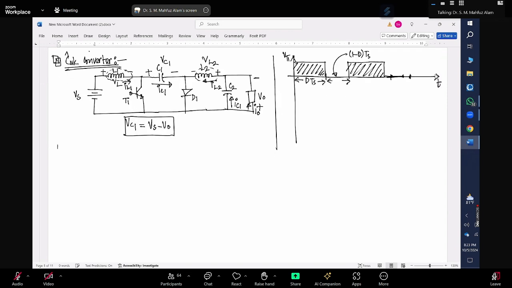So during mode 1, what is happening? Your T1 is on for D multiplied by Ts time. If this is turned on, what will happen?